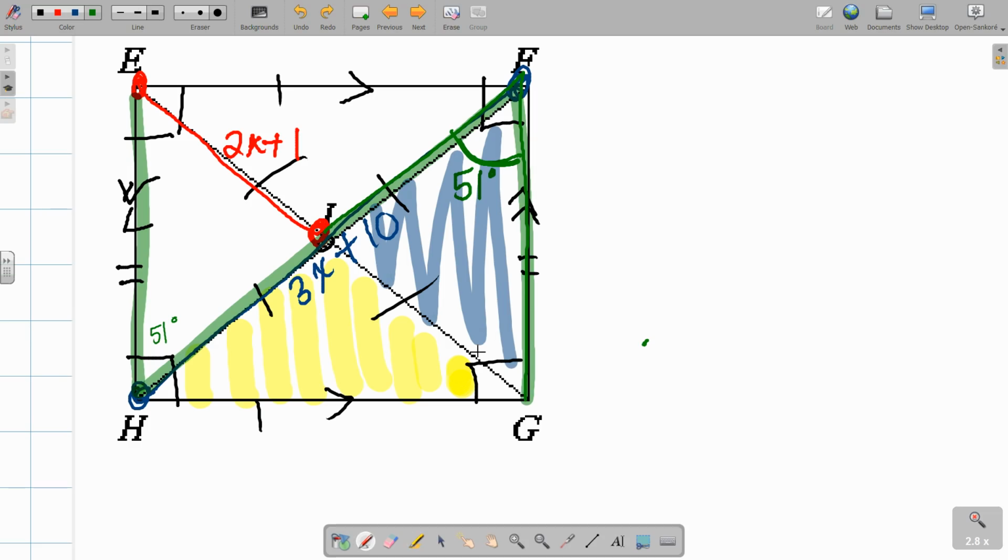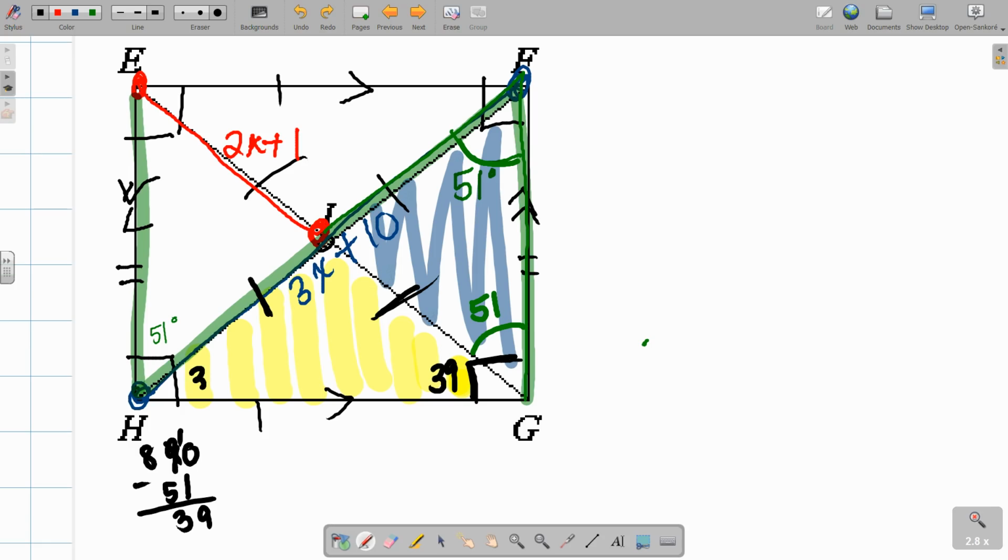So if this is 51, that's 51. Now we know that we have 90 degrees here, so we're going to go 90 minus 51. Of course, we have 39.